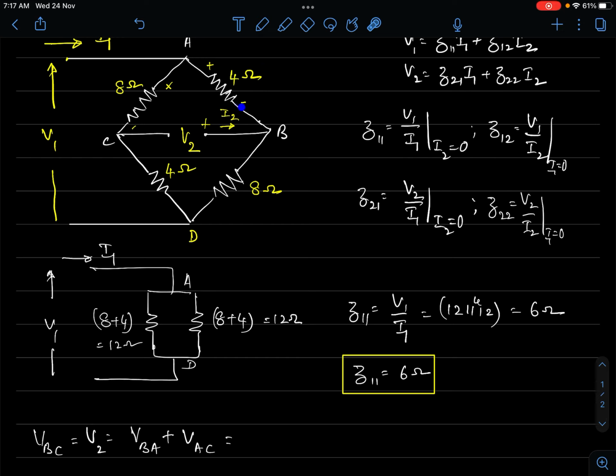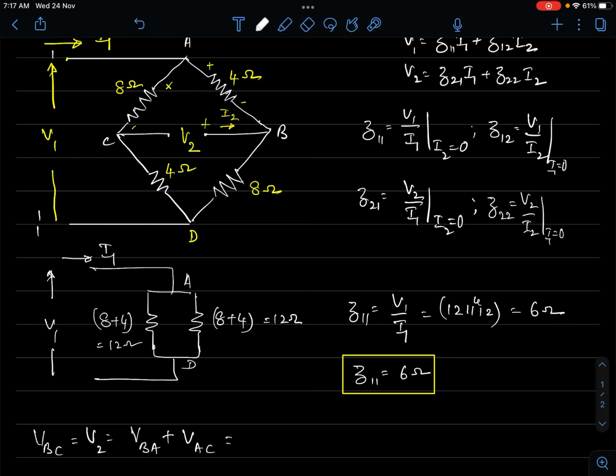So how much potential gets dropped across this? If we can see AB and BD, they are in series as far as this pair of terminals 1 and 1 dash is concerned. This is my terminal 1 and 1 dash. Okay, so they are in series. So we can apply the potential division rule and find out the potential difference across each resistor. Here, the potential difference across the 4 ohm, that is equal to BA, right?